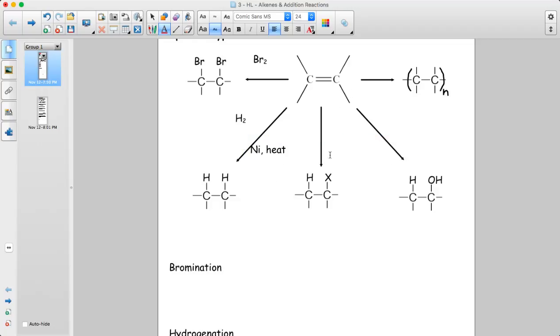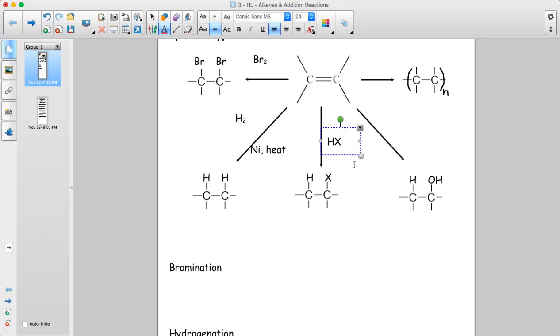This next one is when you add a halogen onto this molecule. Along with the halogen, you add a hydrogen. So it's not called bromination or chlorination or iodination, which this one would be called when you add 2 of that halogen at a time. We're just adding 1 halogen, so we call it halogenation.